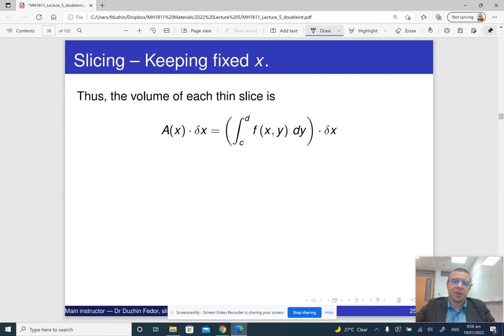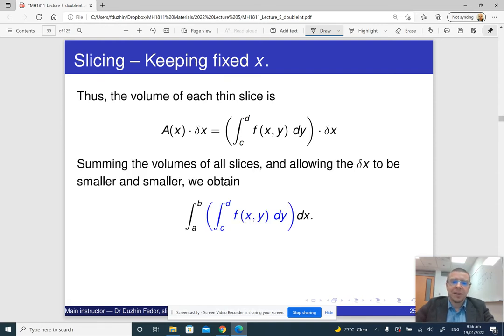So after this, we just take the volume of every thin slice, add it up over the entire volume, and then we get the integral from a to b dx. This is the iterated integral, and this is the explanation behind why the iterated integral is the same as the double integral, because by running these slices over the entire volume, we will just get the entire volume, right?